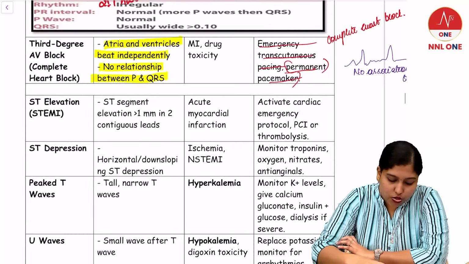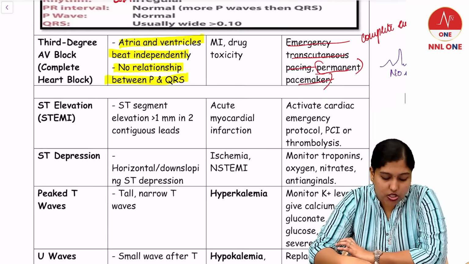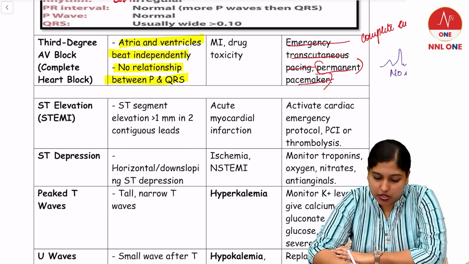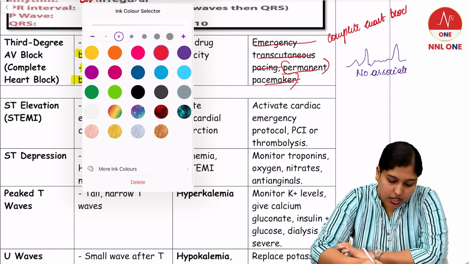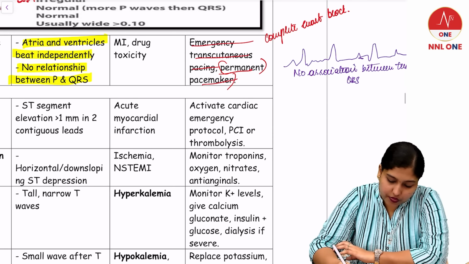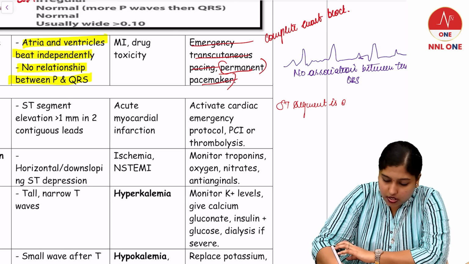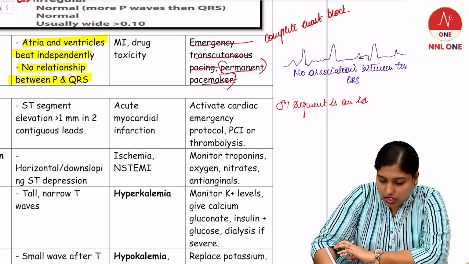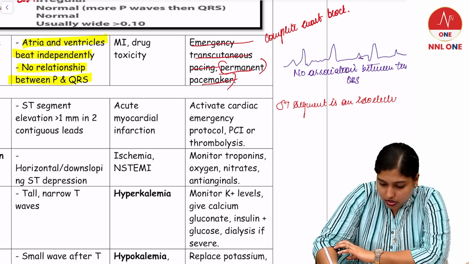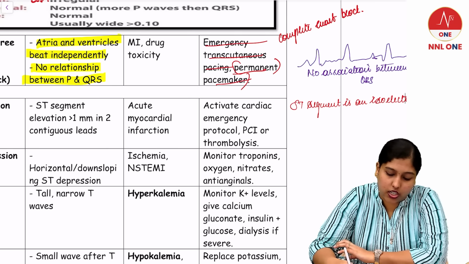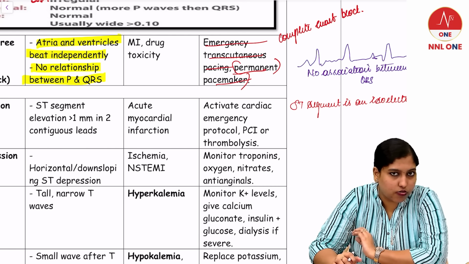So next we are going to see ST elevation. As I said, the ST segment is an isoelectric segment. What is the key here? The ST segment is an isoelectric line, which does not have any electrical impulses.